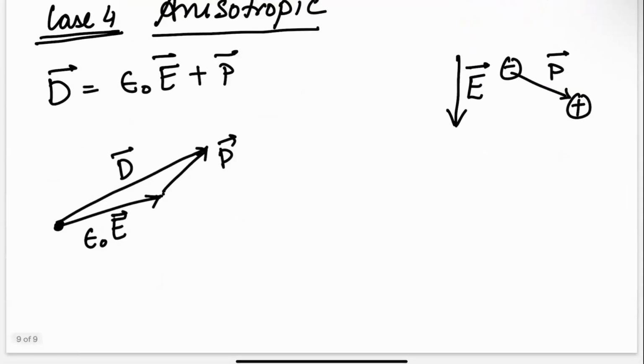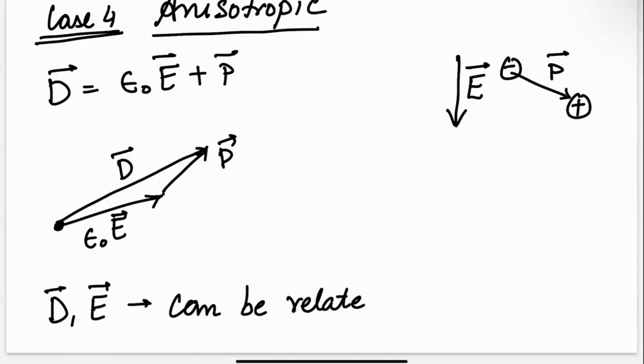So if you have two vectors, D and E, that are in different directions, how do you relate them? If I have two vectors and I want to form a relationship between them that is linear, then I need to use a linear transformation, right?